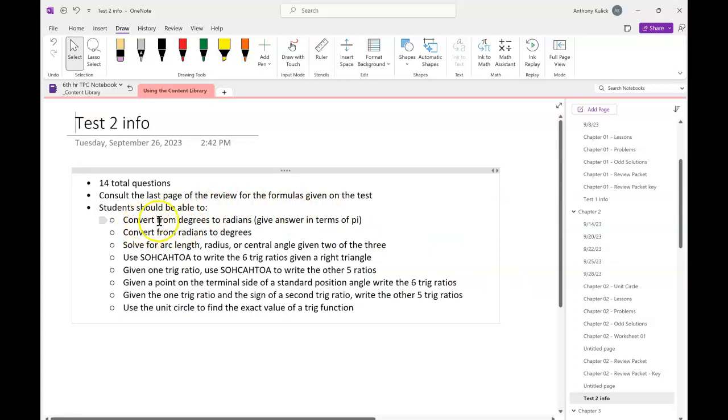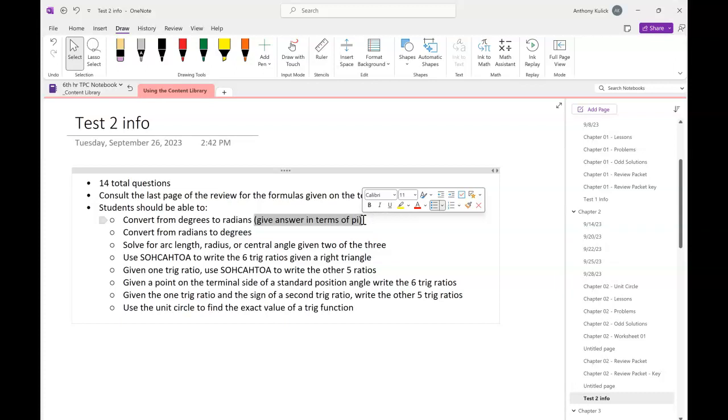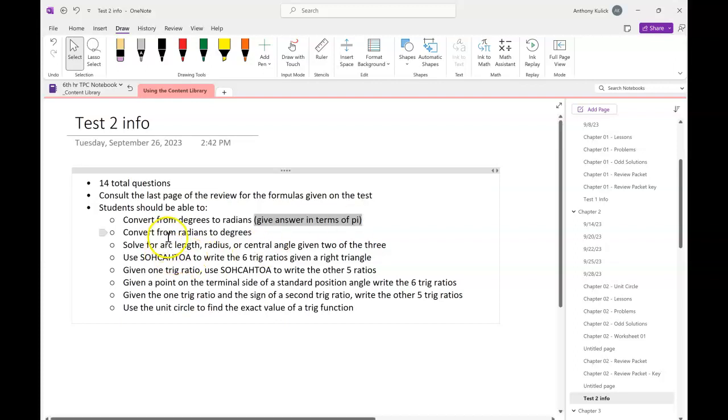You should be able to convert degrees to radians and be able to write your answer in terms of pi. So like 45 degrees to radians becomes pi over 4 rather than the decimal, 0.9 something. You should be able to convert from radians to degrees.